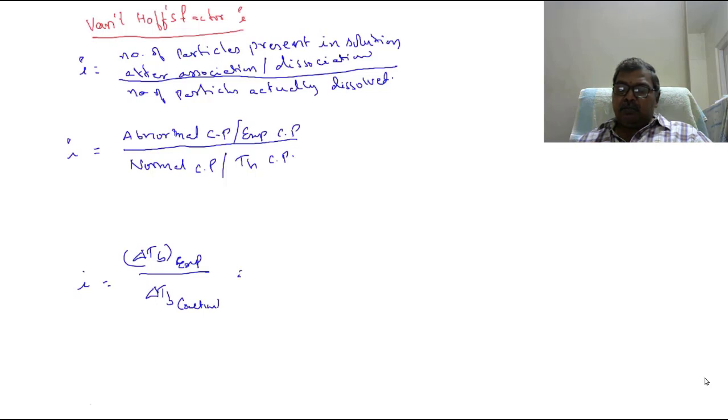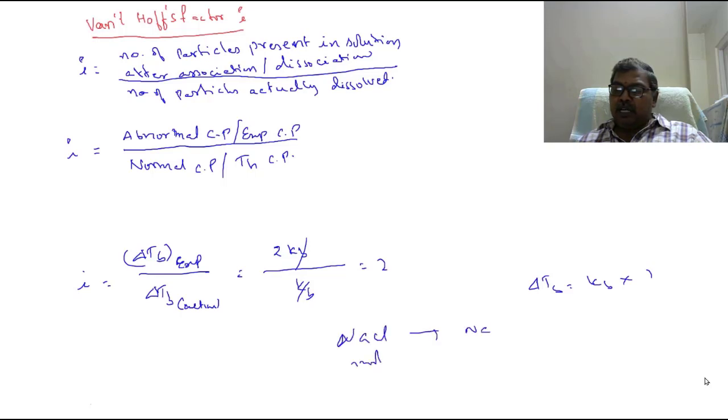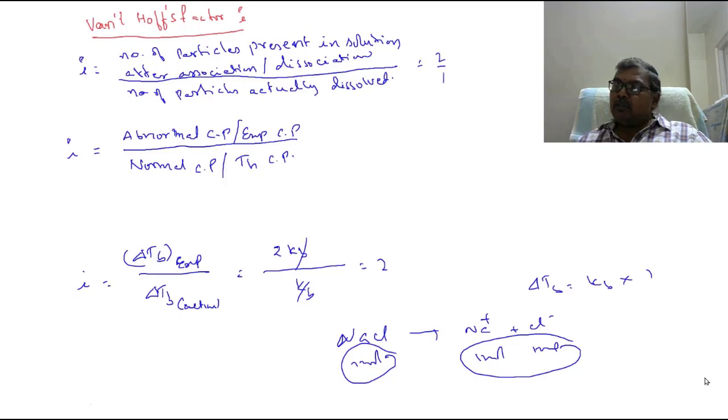So delta Tb must be Kb only, because delta Tb equals Kb into 1 mole. But we got 2 Kb, so i is equal to 2. See, NaCl 1 mole gives rise to Na+ and Cl-, right? Actually dissolved 1 mole, but particles in the solution are 2 moles. 2 moles by 1 mole. Is it not? Right.